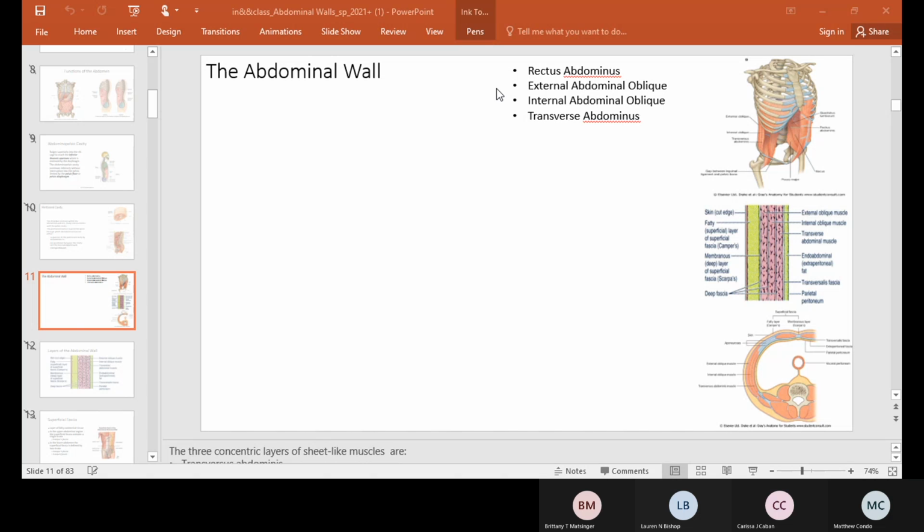So who's done transverse abdominis exercises with a patient? How do you cue the patient? What do you tell them? Bring belly button to the spine, okay? Pretend like you're bracing for a punch.